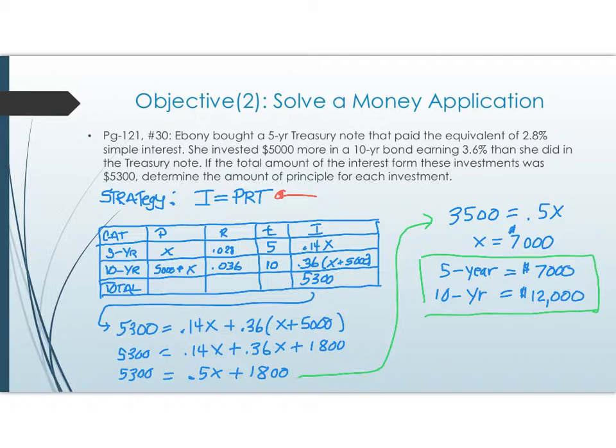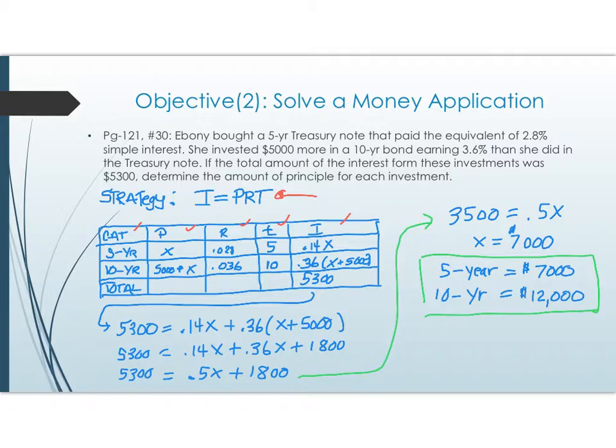I set up a table that has the category that I'm interested in, the principal, the rate, the time, and the total interest. So the category is 5-year and 10-year notes. One's a bond and one's a treasury note. x is equal to the amount of money I'm going to put in my principal for 5 years.